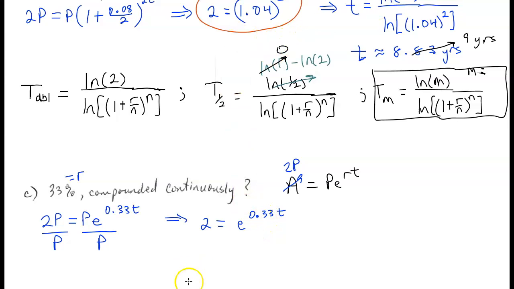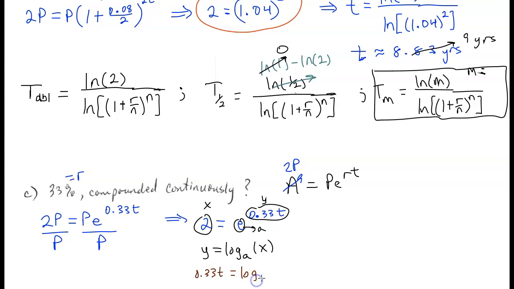If I did it that alternative way, then we would do it like this, where this would be your a, this would be your y, and this would be your x. So if we translated it that way, using the definition of a logarithm, then this would just be 0.33t equals log base e of 2.